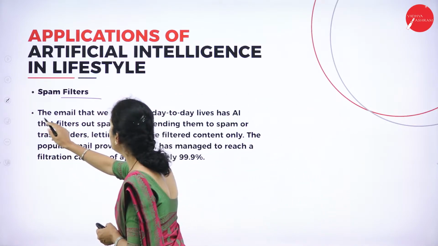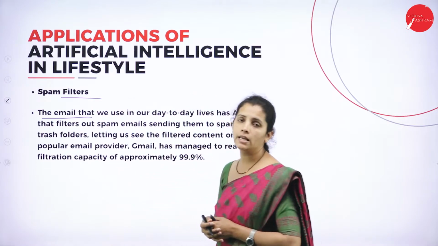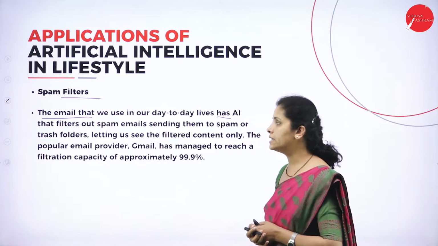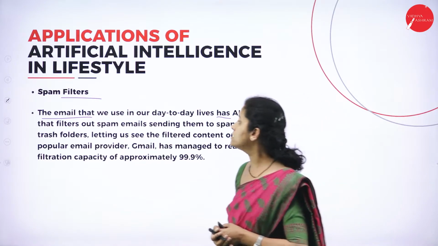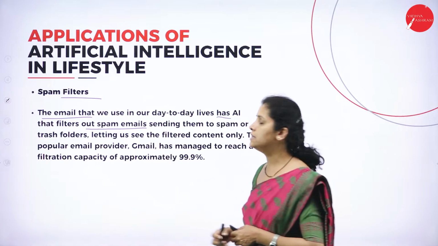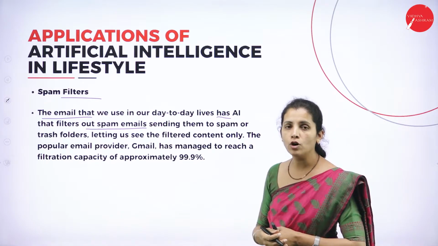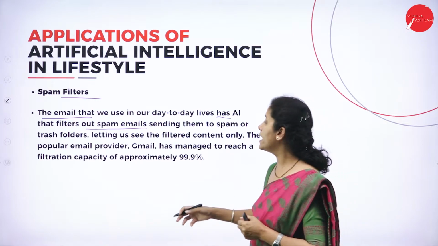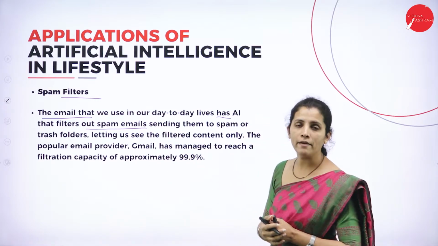So the email that we use in our day-to-day life has artificial intelligence that filters out spam. So if I want to filter out these spam mails, then I can go with a spam filter.